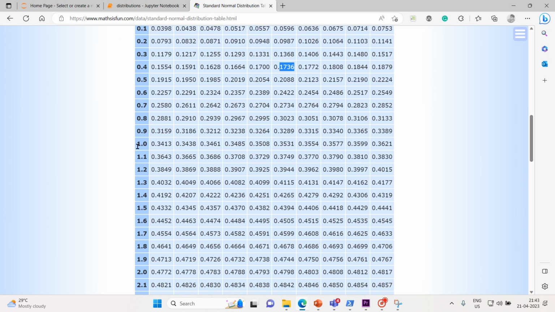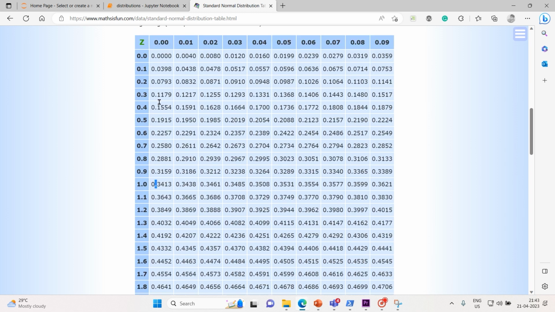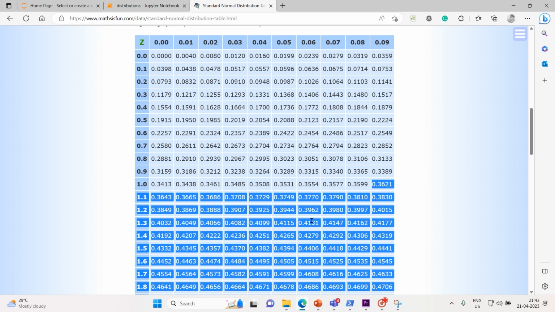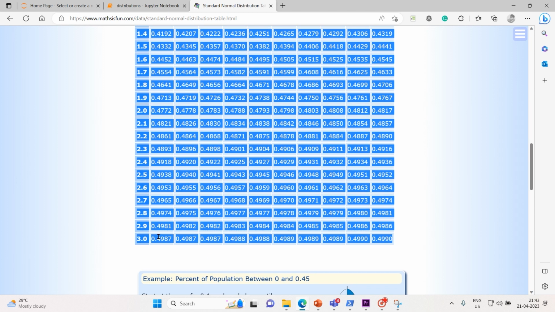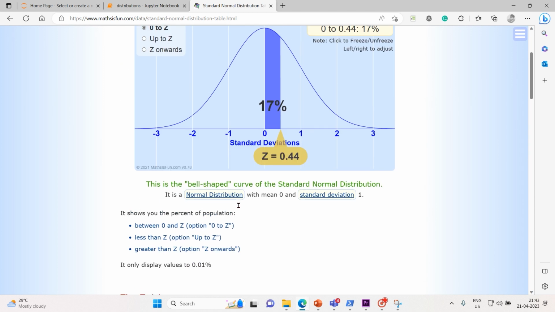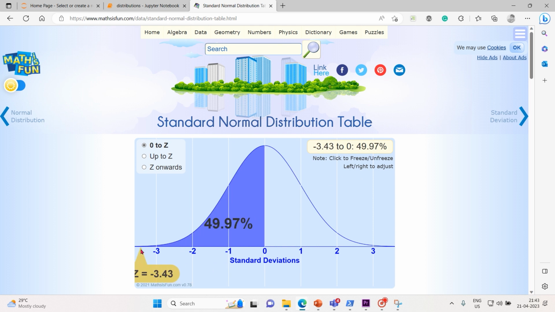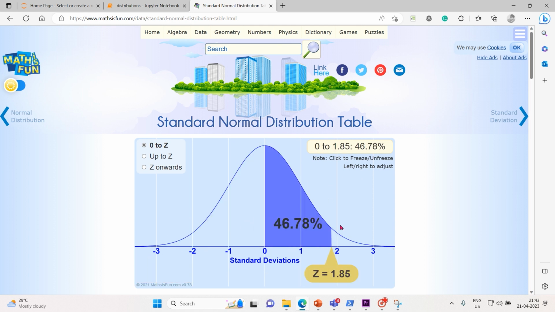If you want minus 1, it is 34.13, absolutely correct. If you want minus 1.9, then it's 36.21 percentage, and 3.0, 49.9 percentage. So this much of data lies in between these respective Z scores.